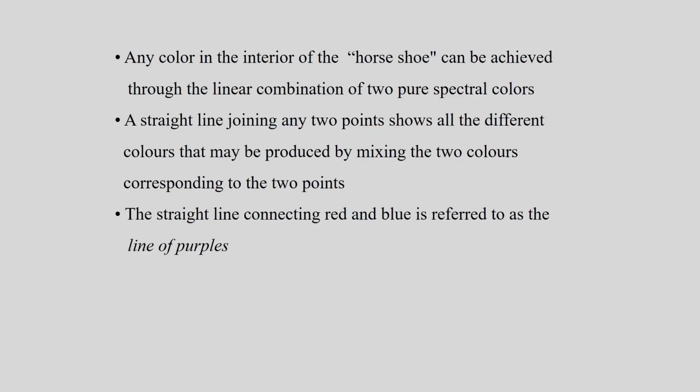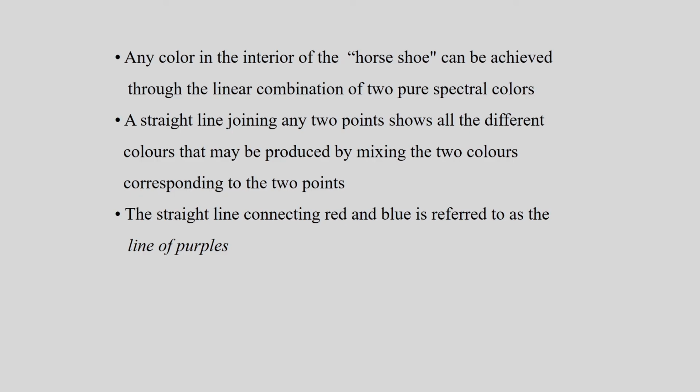Any color inside the chromaticity diagram can be achieved through the linear combination of the pure spectral colors. A straight line joining any 2 points shows all the different colors that may be produced by mixing the 2 colors corresponding to the 2 points.